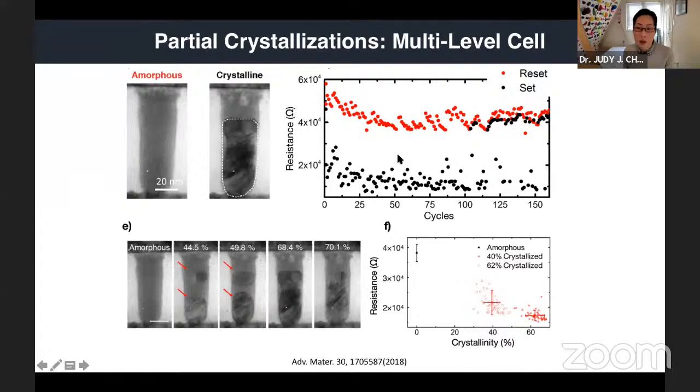So here, converting all of these data points in terms of resistance values versus the fraction of crystallinity, you see that here is the amorphous state, the high resistance state, and here are two different crystalline states, okay? So in situ TEM is indeed powerful to correlate the structure-property relationships of nanoscale systems.